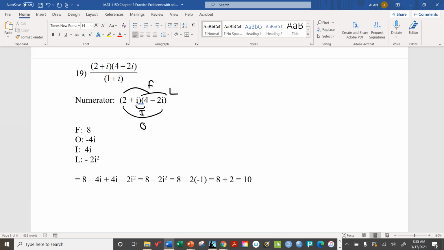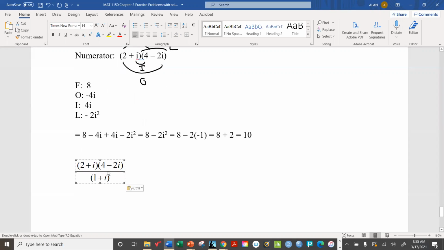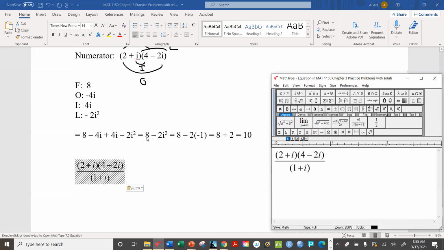So the numerator, oh, look at that. Now, that's a very good result because now what we're going to do is rewrite this expression. Wow, but that turned out well. Not that we're done, but we can rewrite this as 10 over 1 plus i.